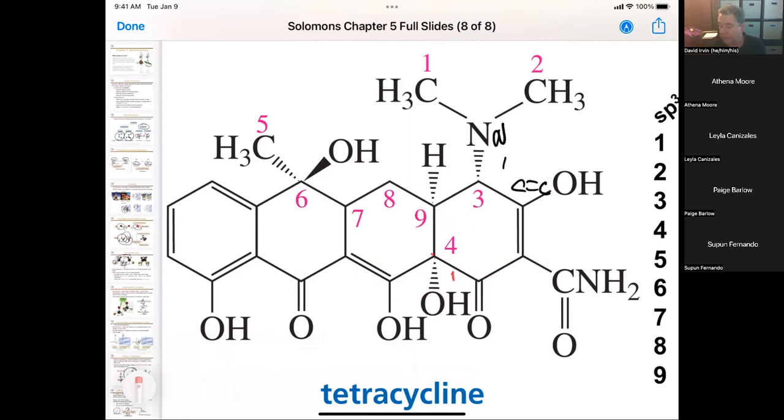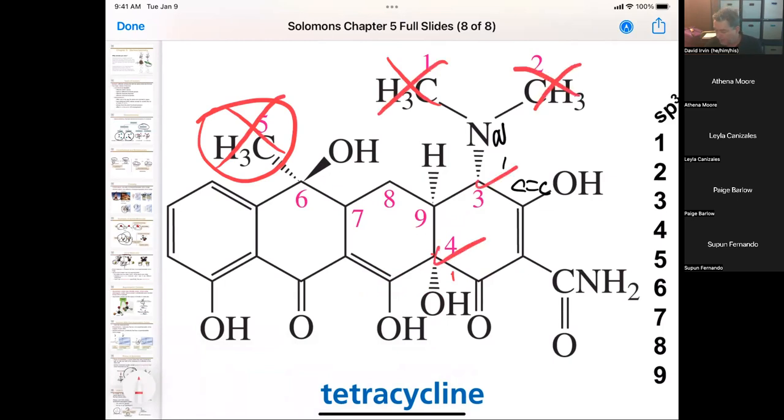Let's look at 5 right here. Oh, that should be fairly simple because we have 3 hydrogens on it. Not chiral. All right, 6, we have C double bond C, C no double bond, an O, and a C. So yes, 6 is chiral. Let's see, we have C double bond C, CH2, CO, and those are different.